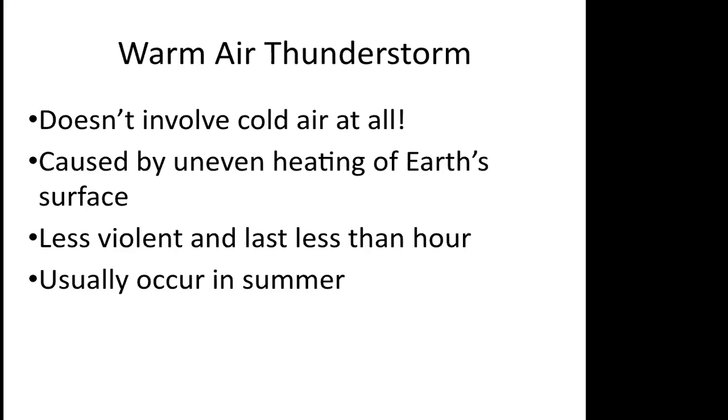All right, the next one is warm air thunderstorm. This doesn't involve cold air at all, obviously, given the name, warm air. This is caused by uneven heating of Earth's surface. They are less violent and they typically last less than an hour. And these occur mostly in the summer, okay?